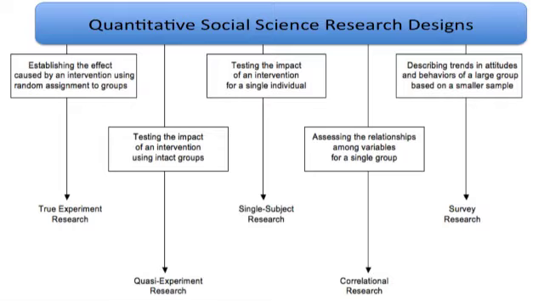It might be a quasi-experimental design, where we are again looking at the impact of a treatment on an outcome, but we don't necessarily assign people randomly to different groups. Single subject research is another form, where we're testing certain individuals experimentally as to how they are impacted by an intervention, and we're typically observing their behavior over time.